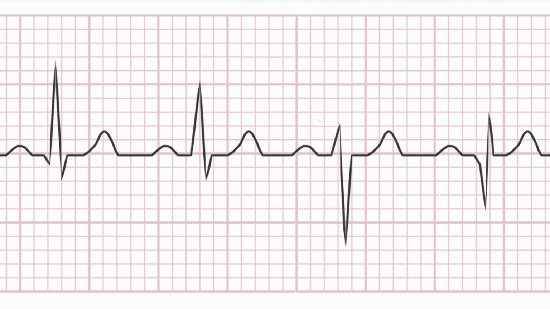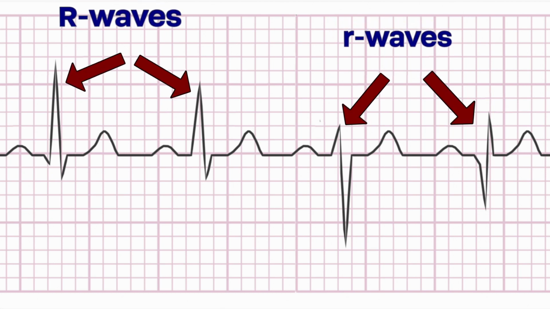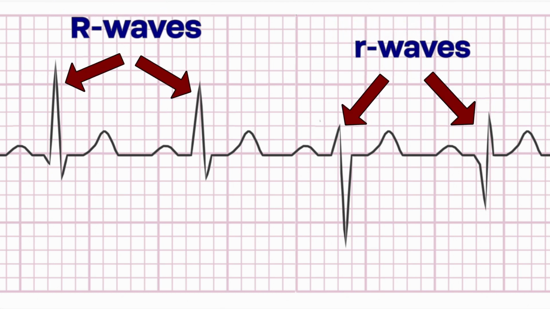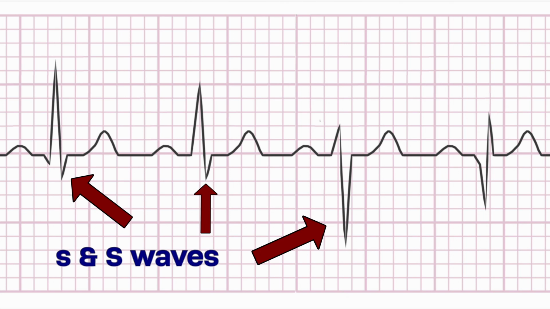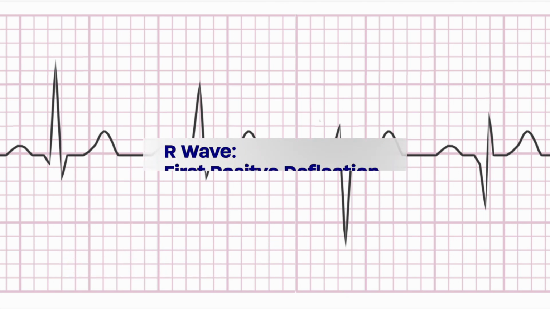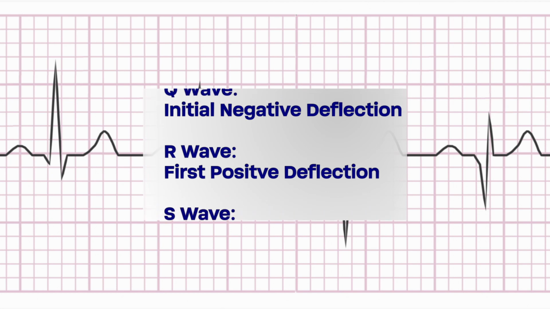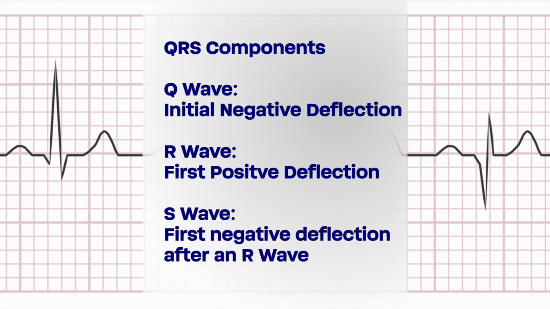So, because all of these complexes have positive deflection above the baseline, they all have R waves of varying height. An S wave is the first negative deflection of a QRS complex following an R wave. So, a Q wave only exists if it happens before anything else, an R wave is the first positive deflection, and an S wave only exists after an R wave.